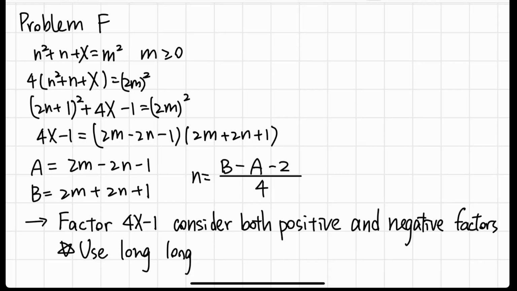So if we want the square root of n squared plus n plus x to be an integer, then this needs to equal m squared, where m is an integer that's greater than or equal to 0. When we see this m squared and this type of problem where we want to find integers, we want to try to find its factors.